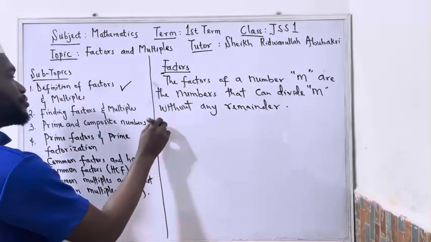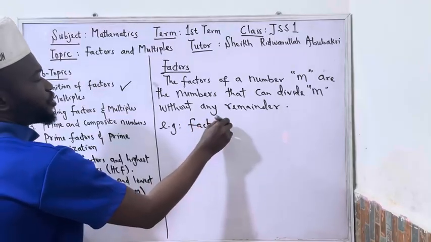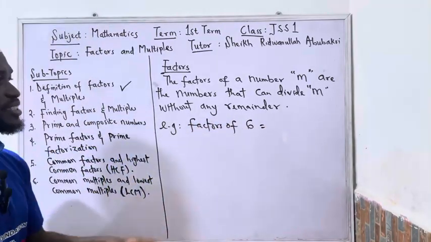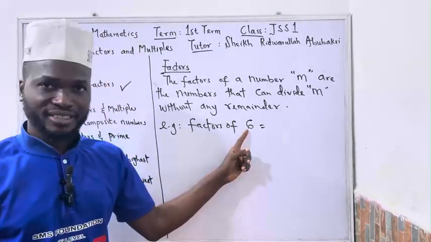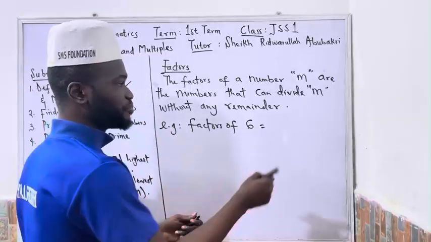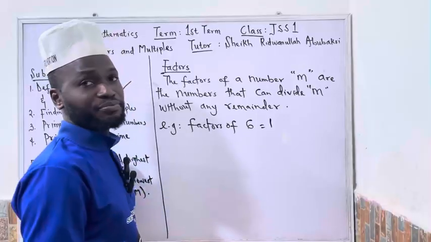For example, let's see factors of 6. What are the numbers that can perfectly divide 6? Yes, the factors of 6 start from 1, as simple as 1. 1 can perfectly divide 6 without any remainder.